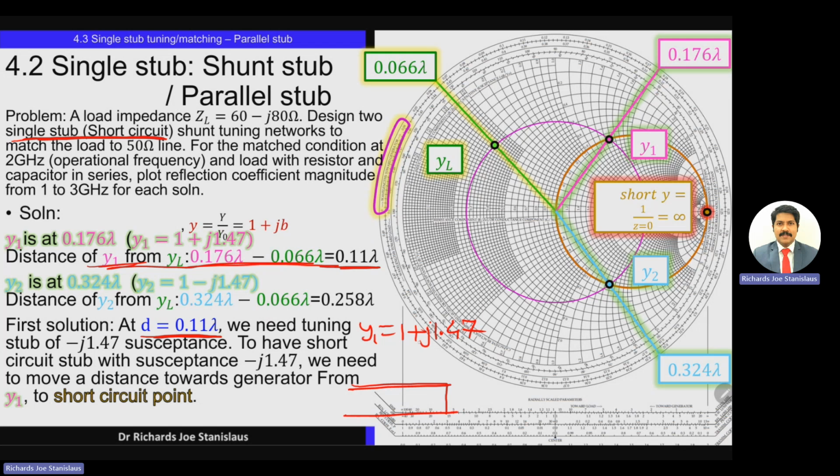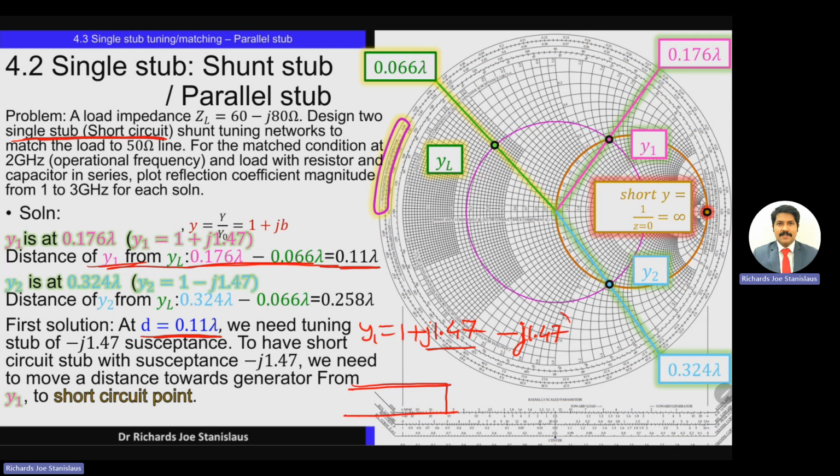Now we have an imaginary component over here which needs to be cancelled out with minus j 1.47. So this needs to be added using a parallel stub, which is having short circuit as termination. Right? The termination is short circuit.